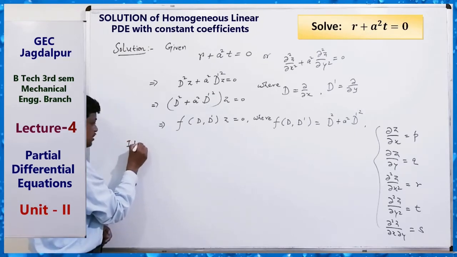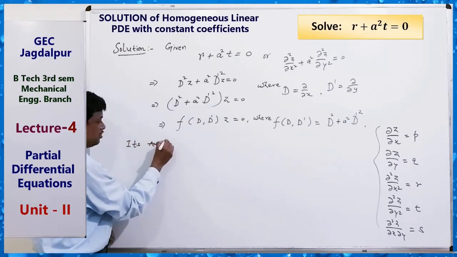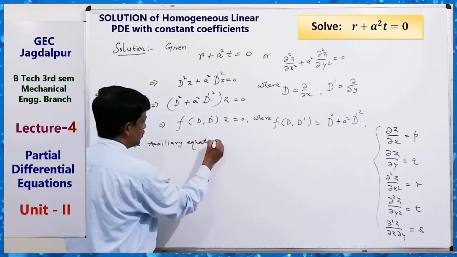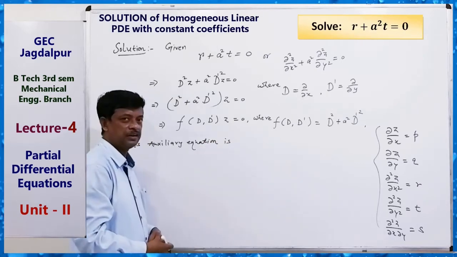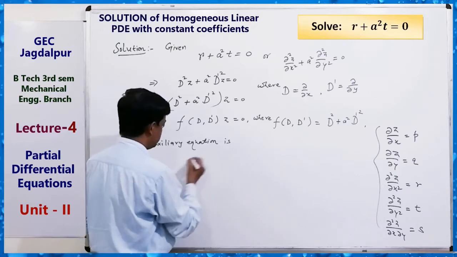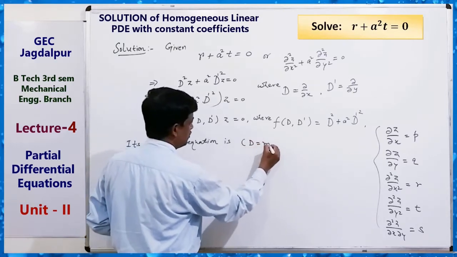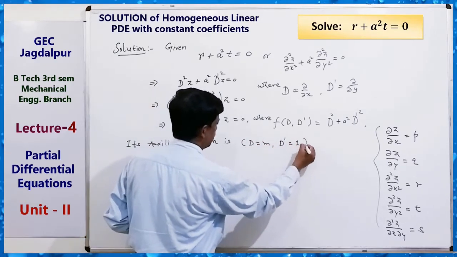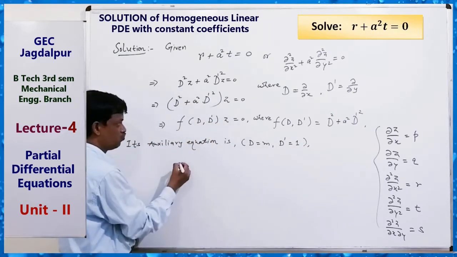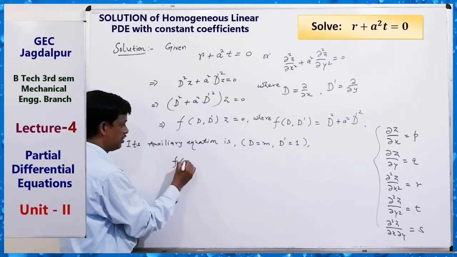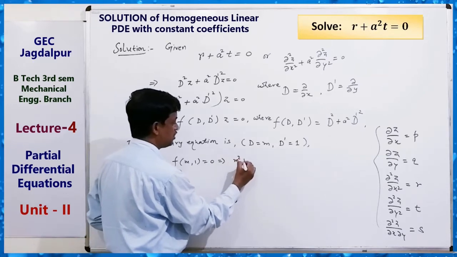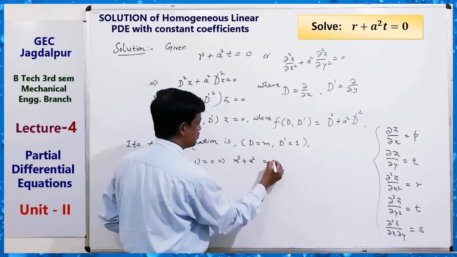Its auxiliary equation is, put D equals m and D' equals 1. So f(m, 1) equals 0 implies m² + a²·1² equals 0.